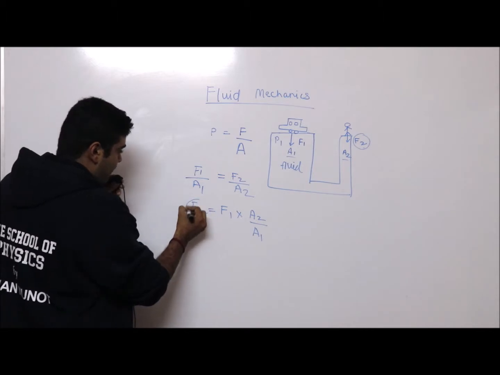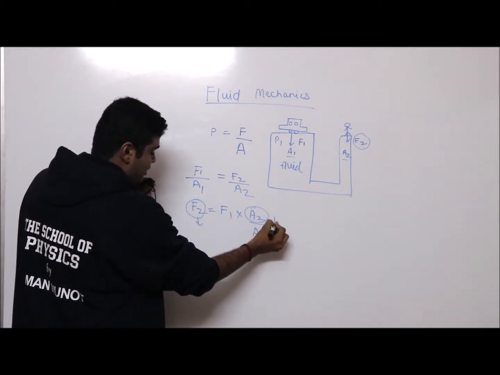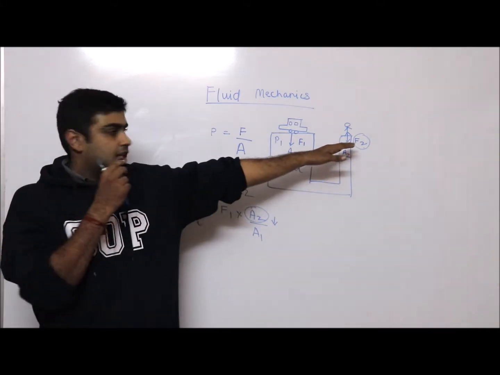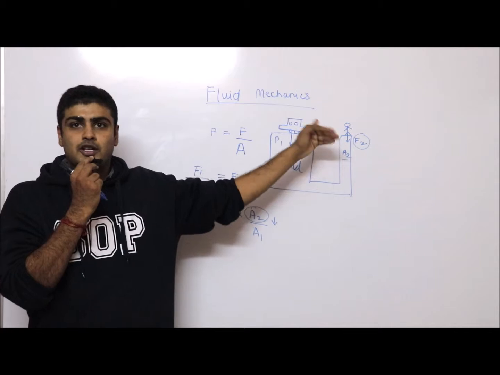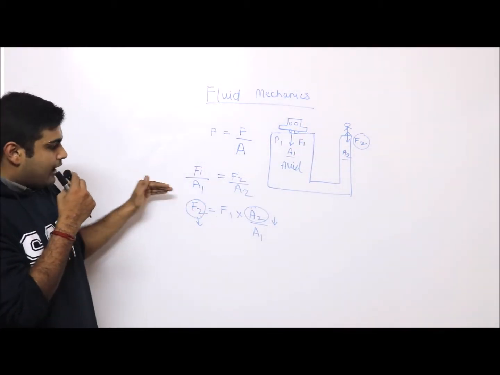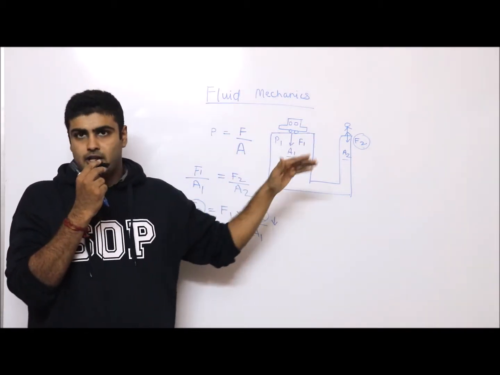So if you have lesser weight, this area A2 should be lesser. The lesser the area A2 on which you are standing is, the lesser your own weight needs to be so as to balance this car on a hydraulic lift.